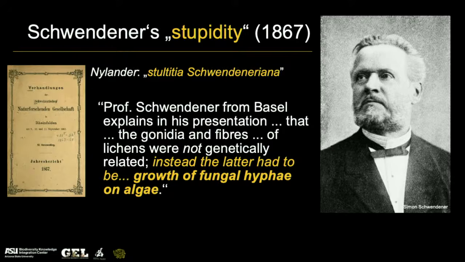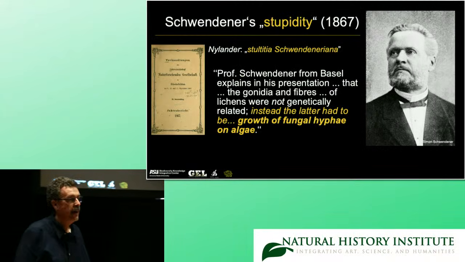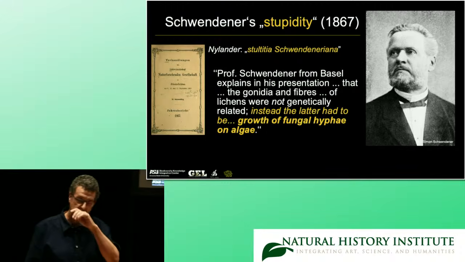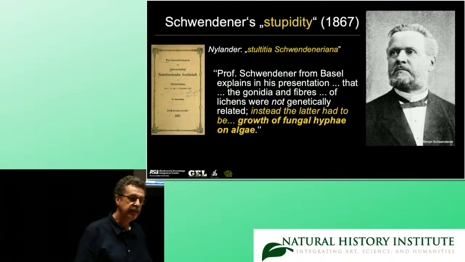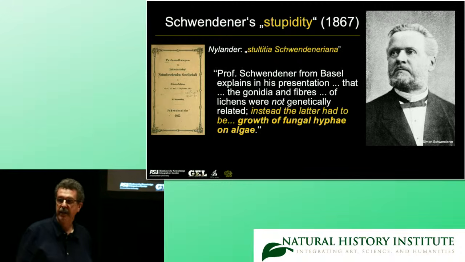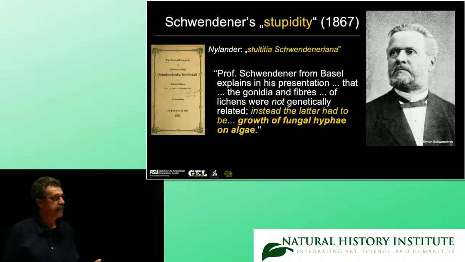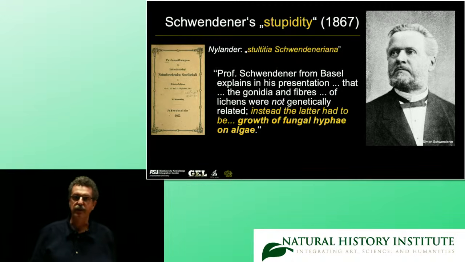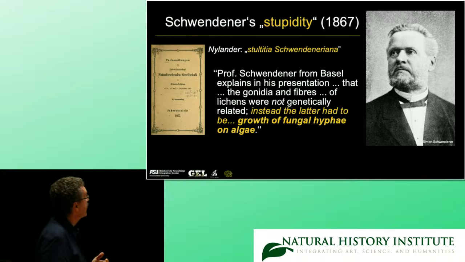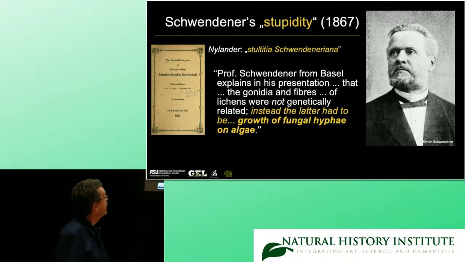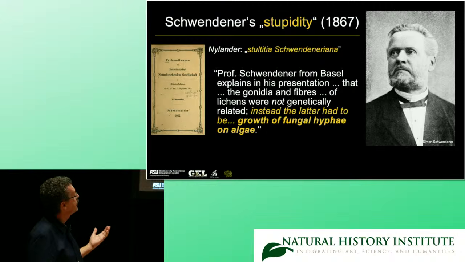The first guy who figured out what they might be was a doctor, a physician in Basel in Switzerland. He gave a talk to the Basel Naturforschende Gesellschaft where he presented the idea that lichens were not just one organism, but two different ones. He said in his talk that the gonidia and fibers of these lichens were not genetically related.